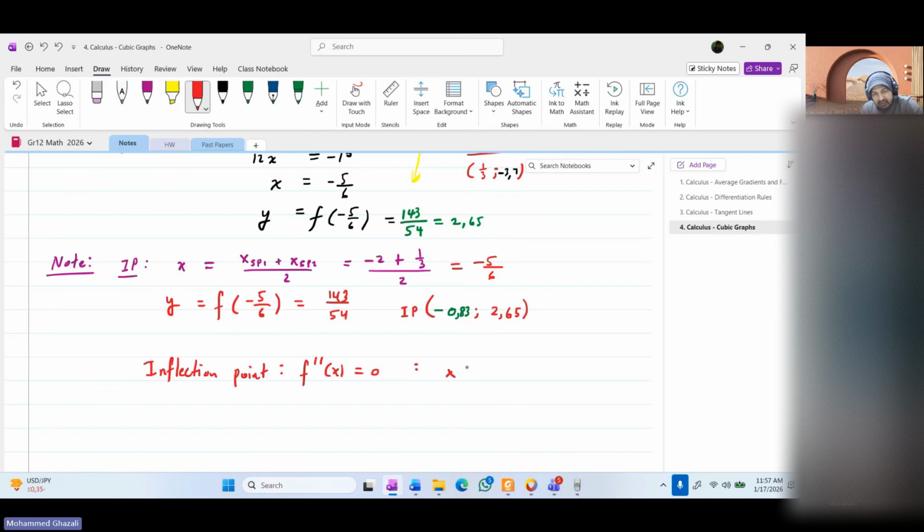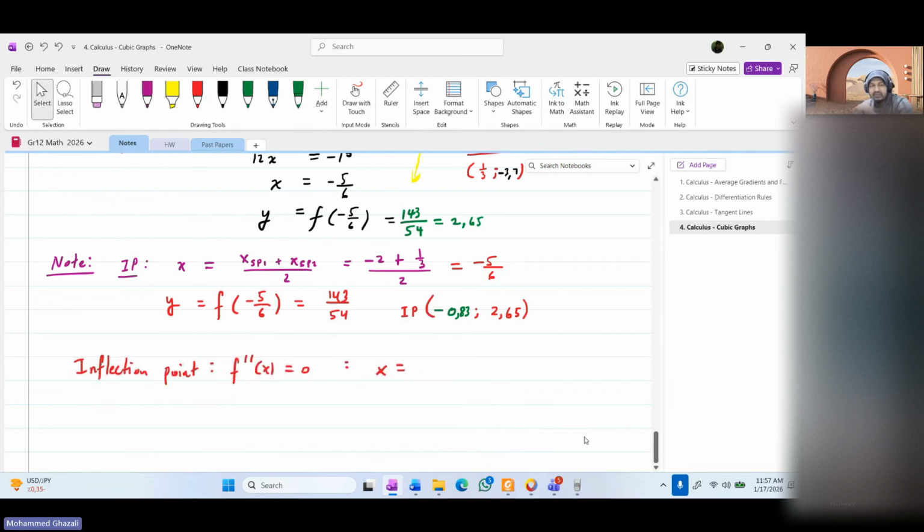So I'm getting x is equal to the x value of the inflection point. An inflection point is a point, and a point has two properties: it must have an x value and a y value. So when we say inflection point here, what I mean is the x value of the inflection point, because the question will clearly specify. The x value of the inflection point here is negative 5 over 6.